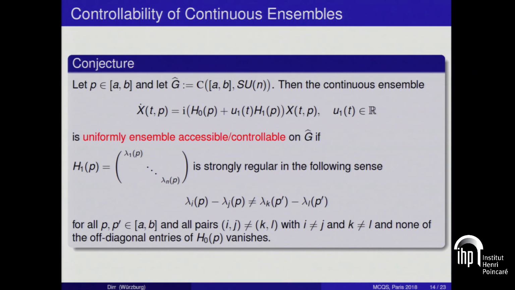And then I would say one could hope to have, in the best case, uniform ensemble controllability, or at least, let's say, uniform ensemble accessibility. And I try to prove not exactly this conjecture, but a slightly weaker one during the next 20 minutes.